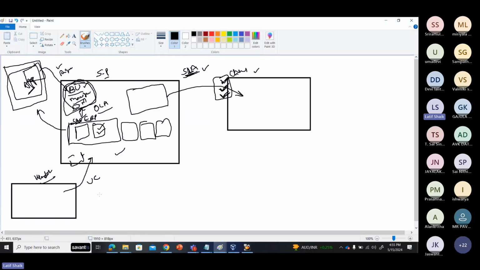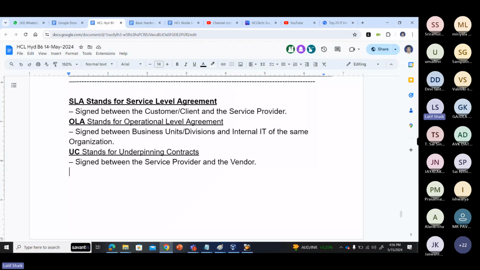Maybe a power supply, internet connectivity, or a bandwidth connectivity, maybe desktops, or maybe software. So that is a contract between a vendor and the service provider. That is the underpinning contract signed between the service provider and a vendor.